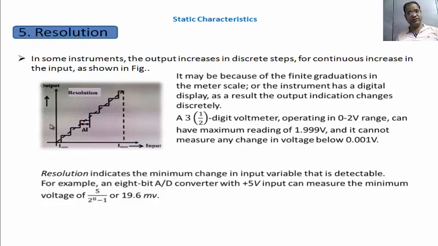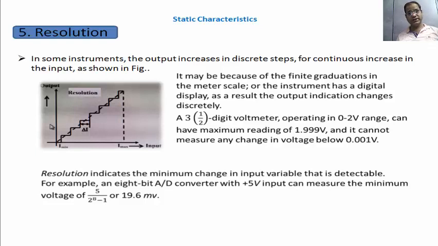If you have a digital display, for example, if you are measuring a voltage, and your display has a resolution in whole digits only, you can measure 1 volt, 2 volt, 3 volt, 4 volt, but your reading might be in between 1 and 2 volt. If it is 1.5 volt, it cannot measure, because your display can read out only either 1 volt or 2 volt.